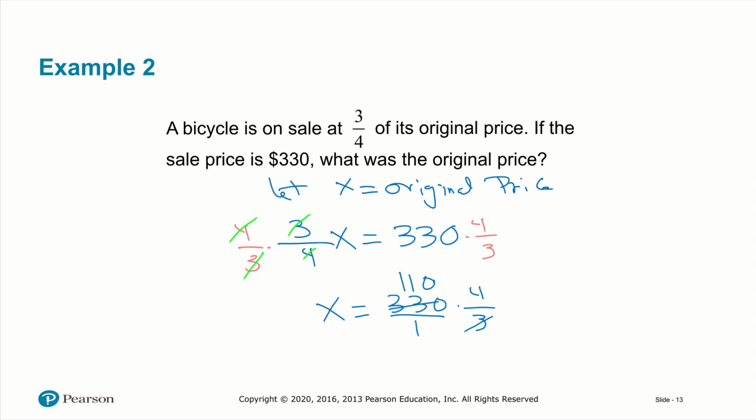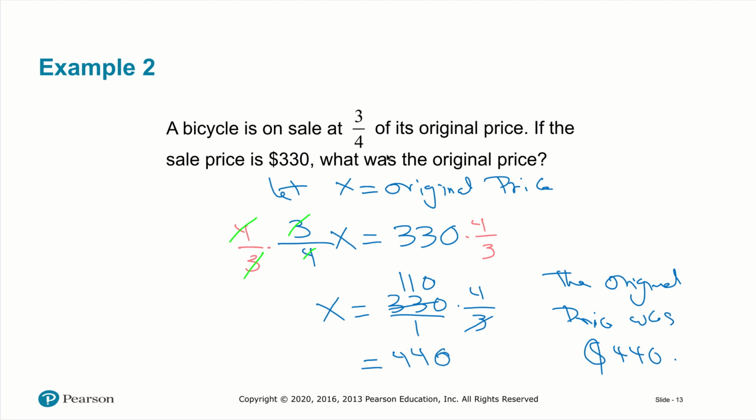So 4 times 110 is, of course, 440. So the original price was $440.